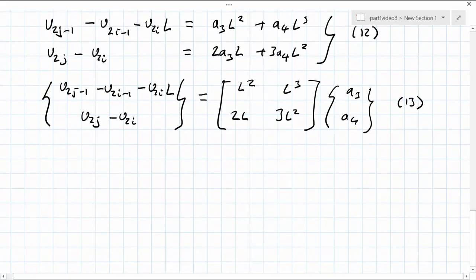Solving this 2 by 2 system gives us values for a3 and a4.